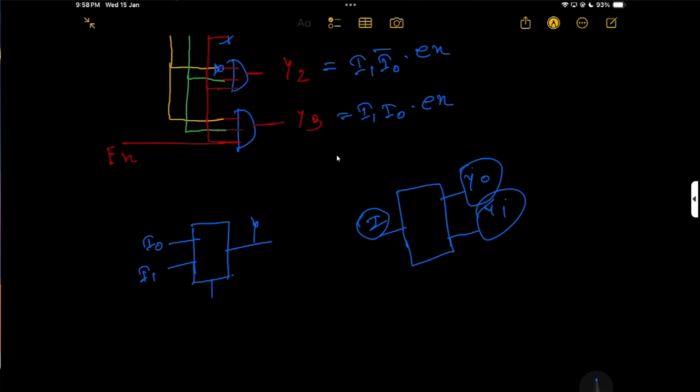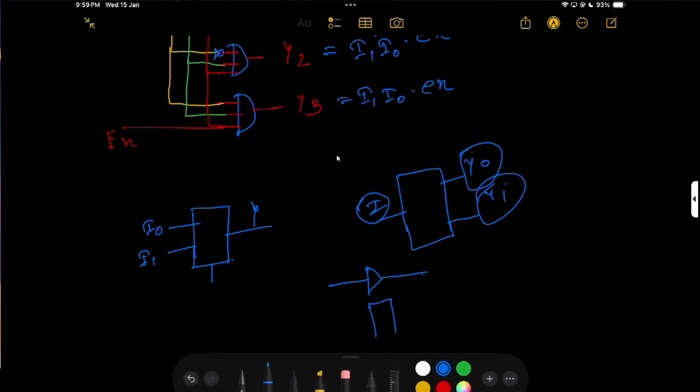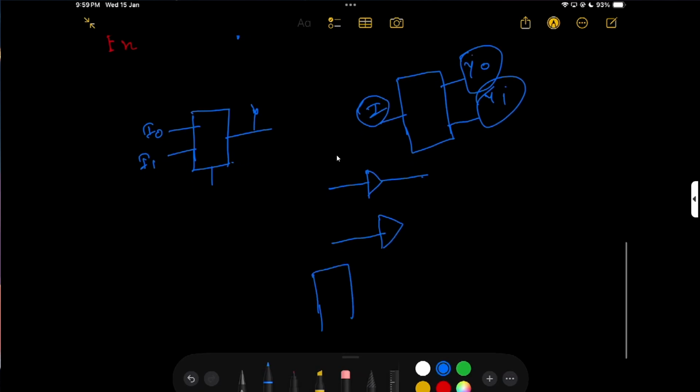So how can I make it? Basically, here is one tri-state buffer, and here is another tri-state buffer. Here is my decoder, with select line one.